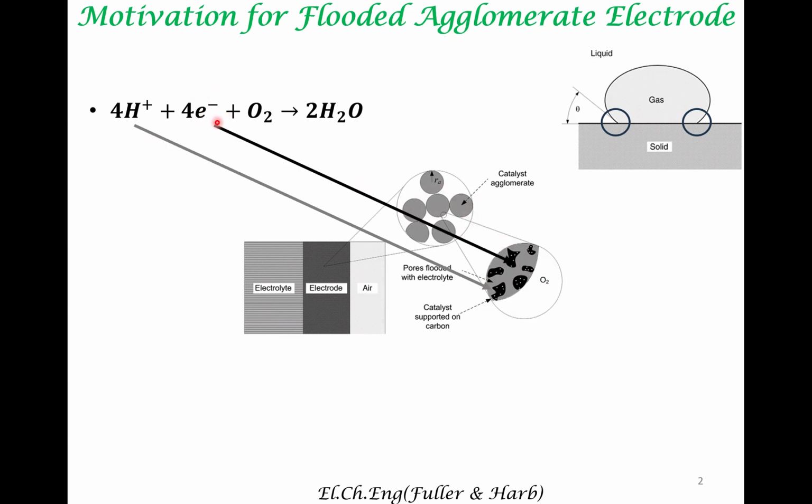So you have these electrons, they are conducted via these black objects. These are electronic conductors, and O2, which is in the gas phase, will be present here, and this gas phase are these white regions.